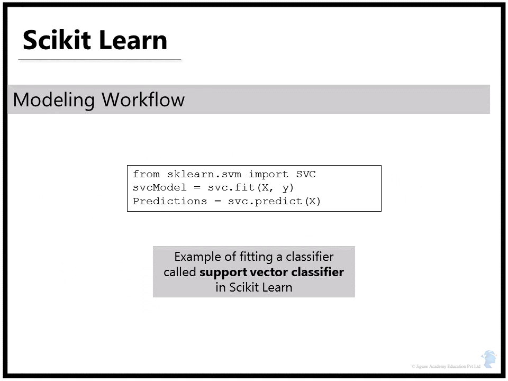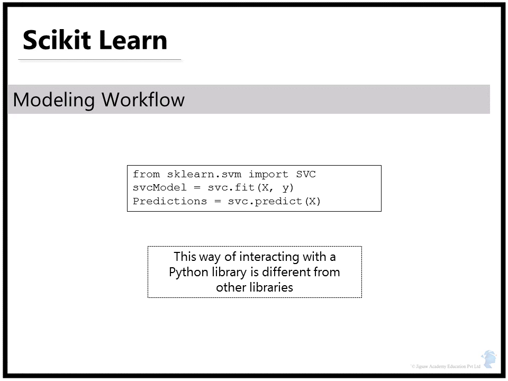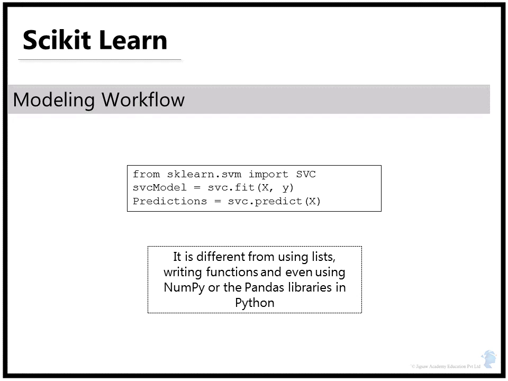So here is an example of fitting a classifier called support vector classifier in scikit-learn. And if you notice, many of the variables have changed, but the basic structure we talked about does not really change. This way of interacting with a Python library is a bit different from the other libraries. It is certainly a bit different from using a list or writing a function or even using the NumPy or pandas libraries in Python.